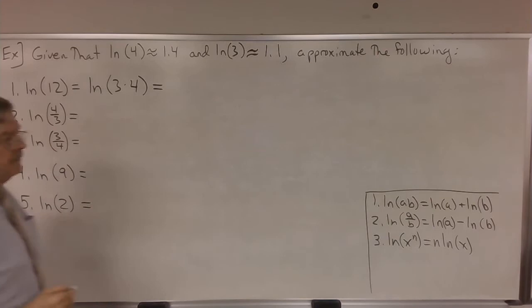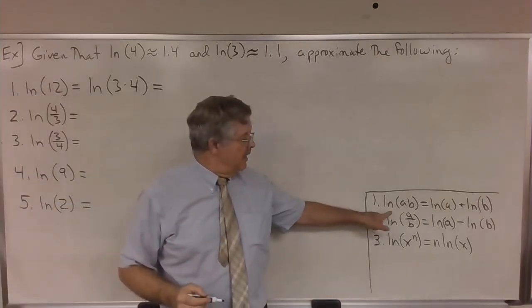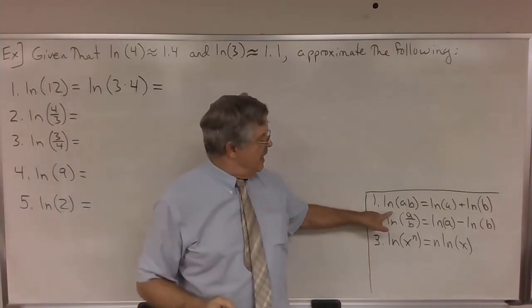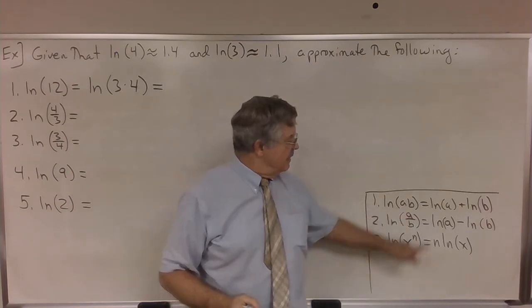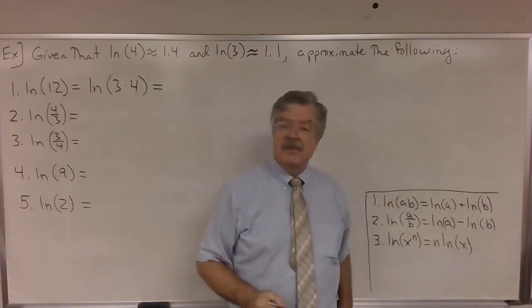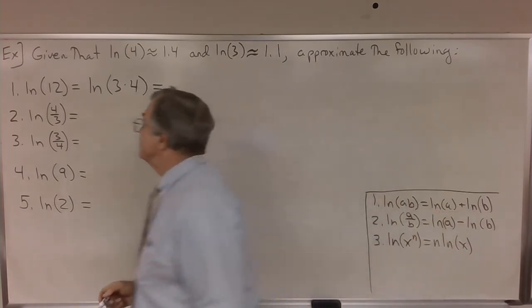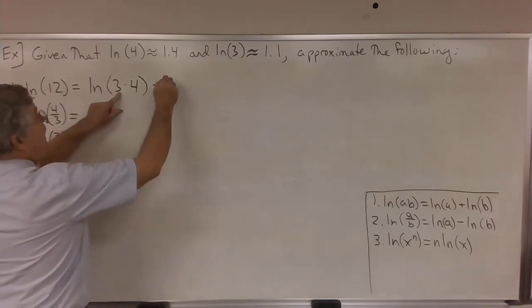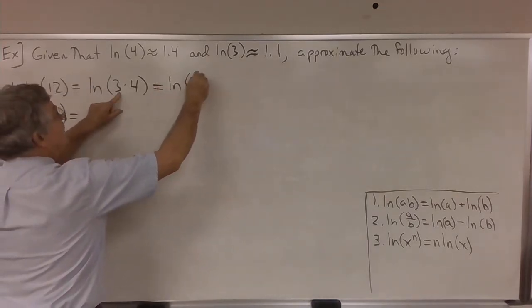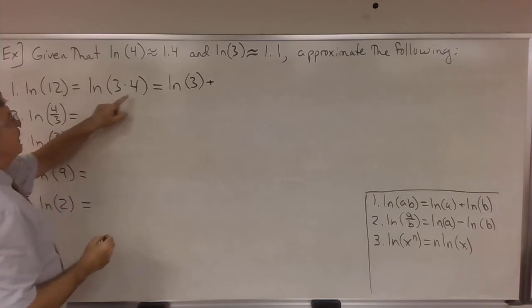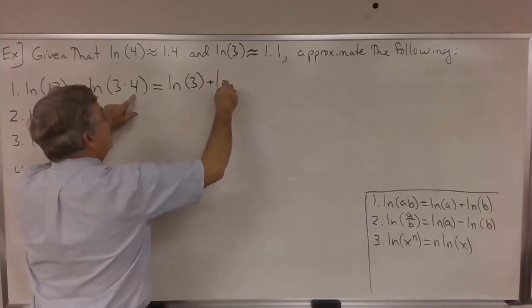And now we can use property 1, which says that the logarithm of a product is equal to the sum of the two logarithms. So natural logarithm of 3 plus natural logarithm of 4.